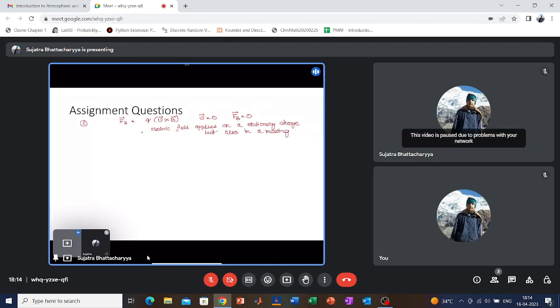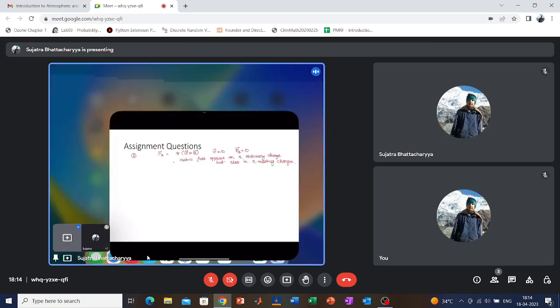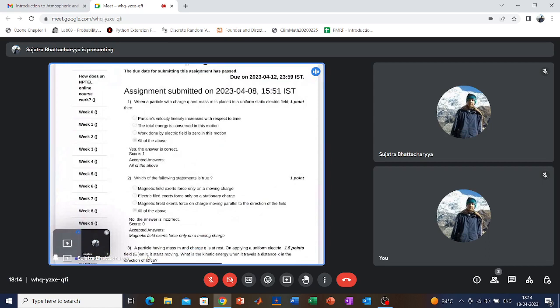We have seen the uniform static electric field. We have just seen that both are applicable. Therefore the second option, that is electric field exerts force only on a stationary charge, is wrong.